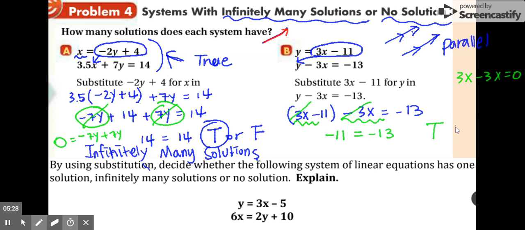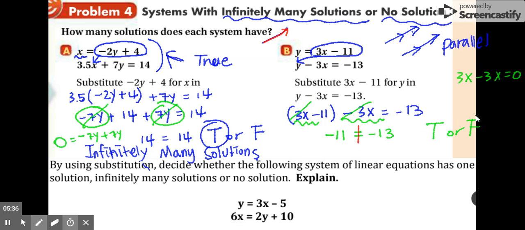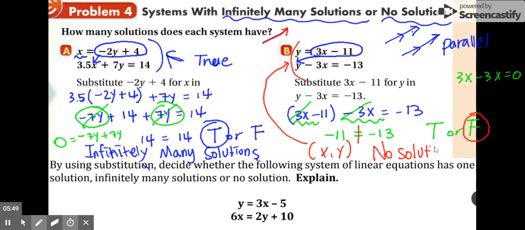What do you think? Is it true or false? Negative 11 is not equal to negative 13. So it turns out it's false, which means there are no ordered pairs which make this system true at all. So there's no solution.